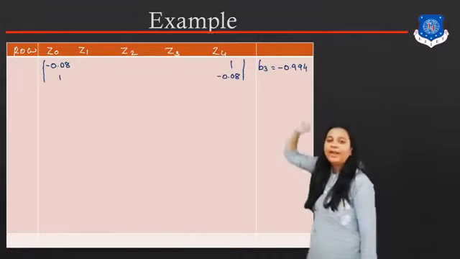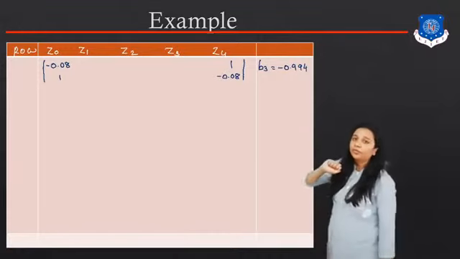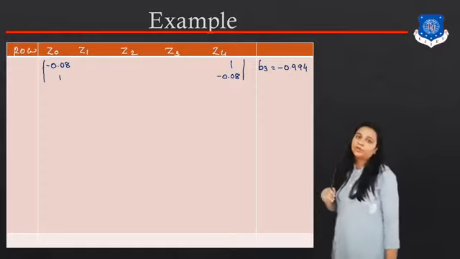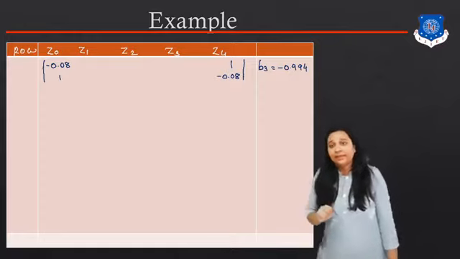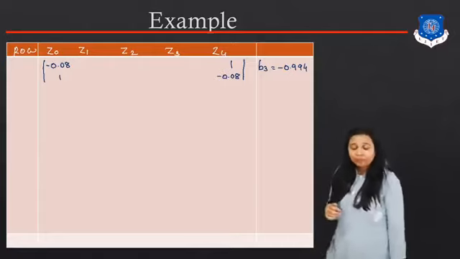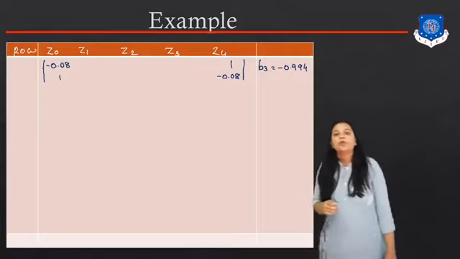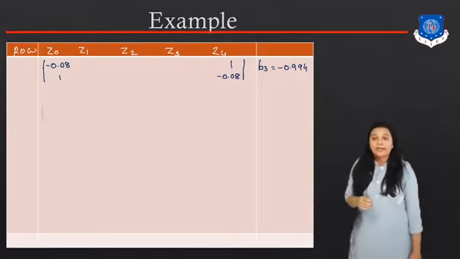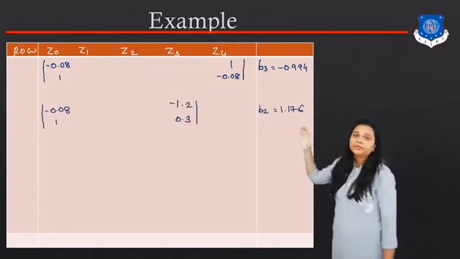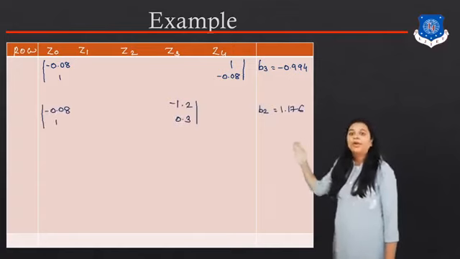Here we put the value of A0, which is equal to 1, and in the lower side 1 and -0.08. We multiply these and solve this matrix, and we get B3 equal to -0.994. Now next we have to put A4, A1 and then A0, A2.